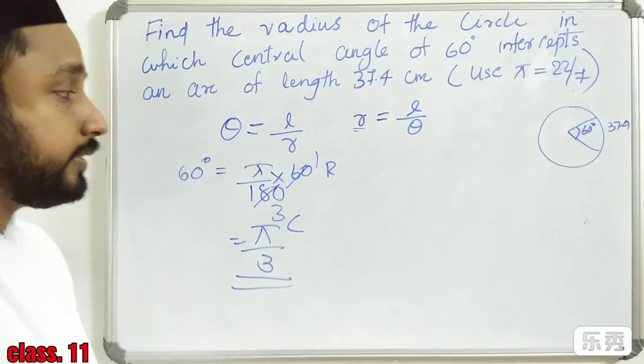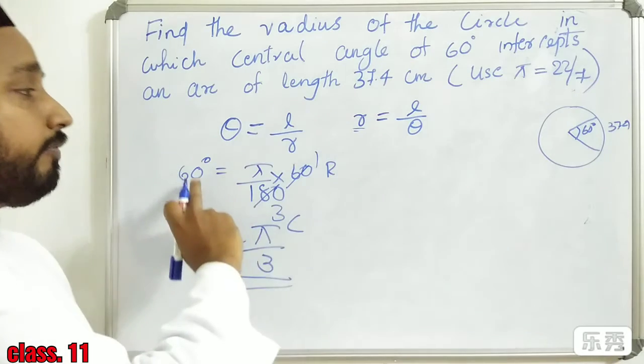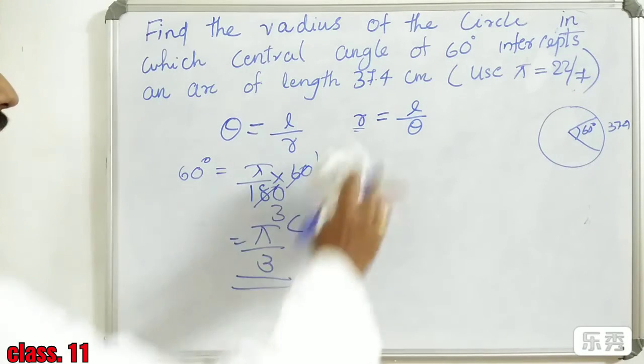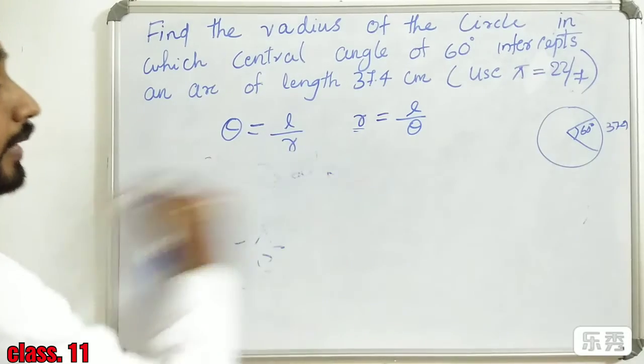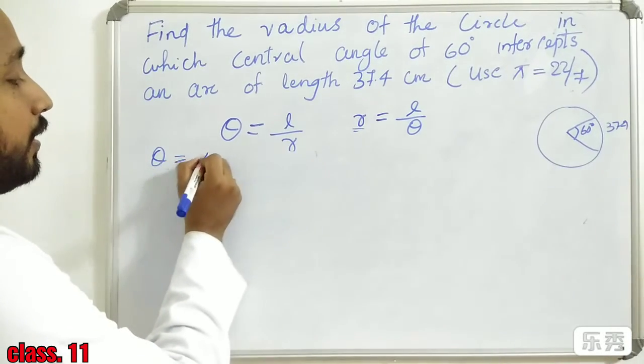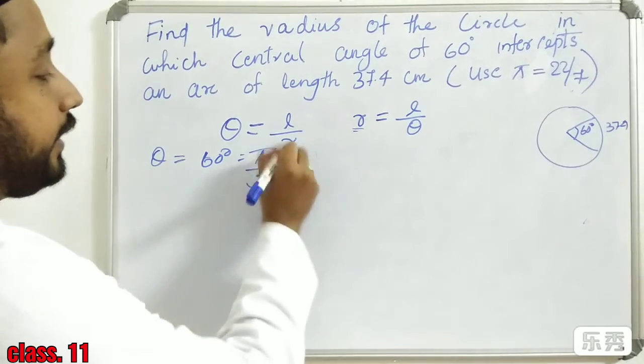So 60 degree is equal to pi by 3 radian. Instead of 60 degree, we are going to write pi by 3 radian. So our formula is R is equal to L by theta, and theta is pi by 3 radian.